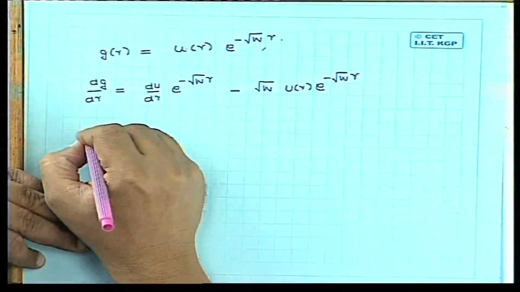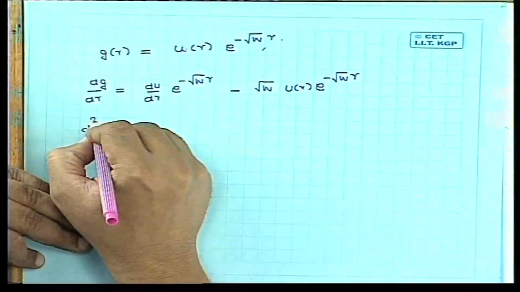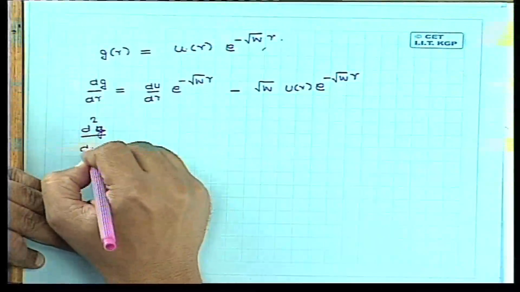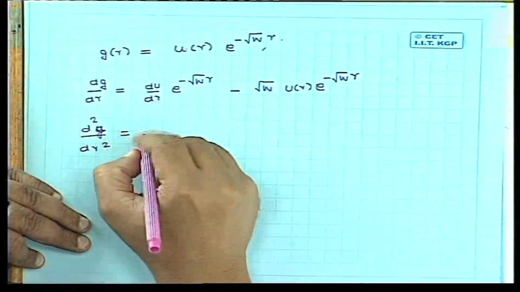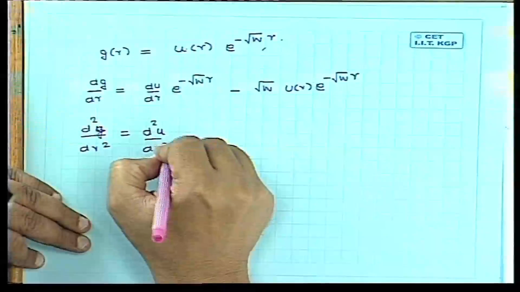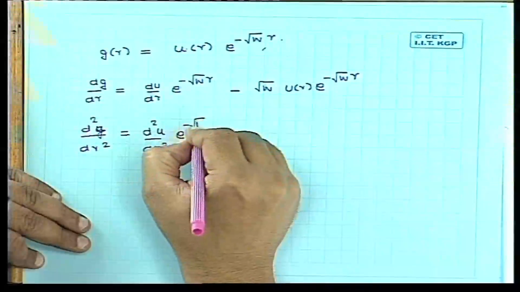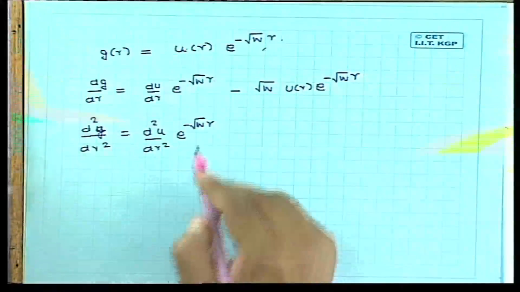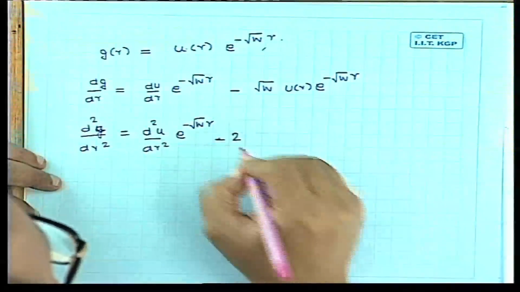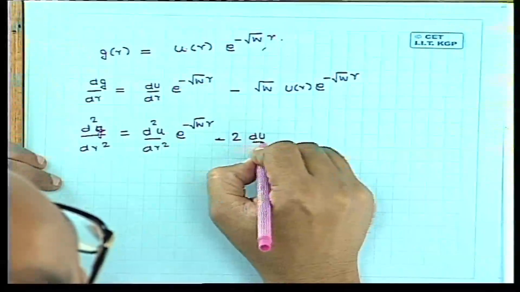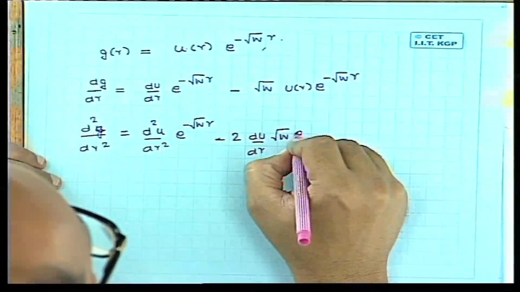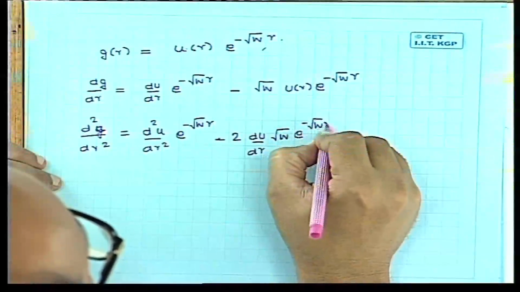Let me now calculate the second derivative, d square g dr square, and this will give me the second derivative of u times e to the power minus square root of W r, and then I will have minus 2 times du dr into square root of W e to the power minus square root of W r.